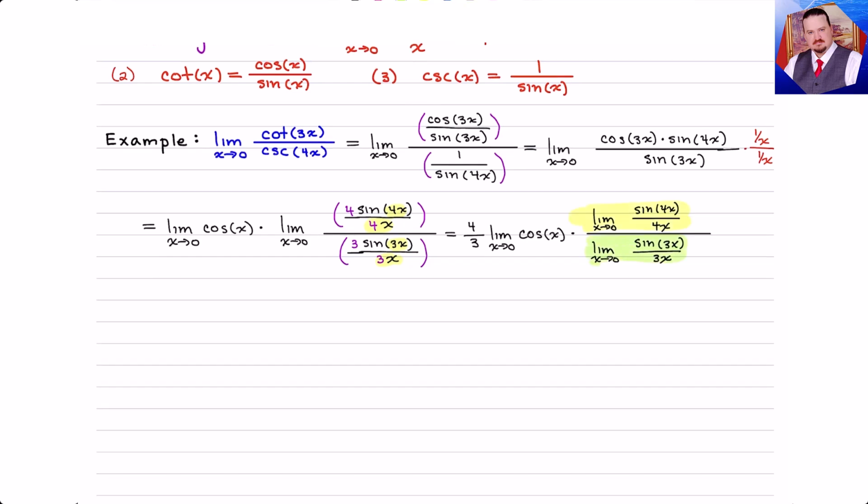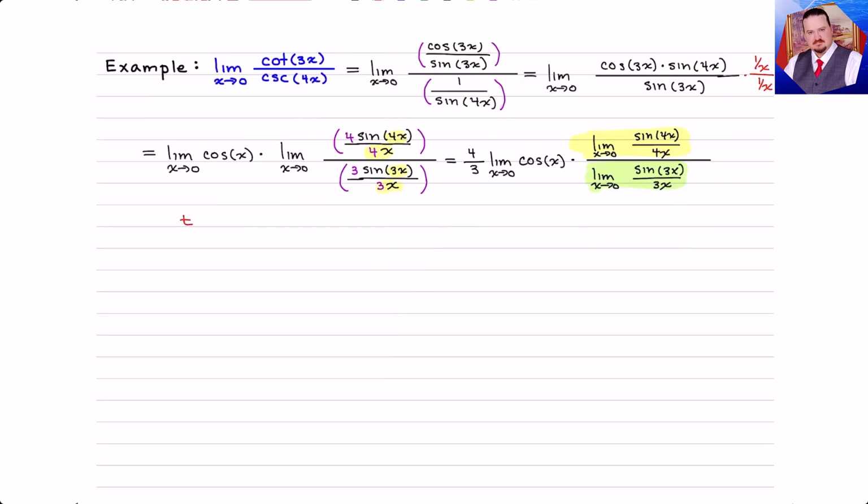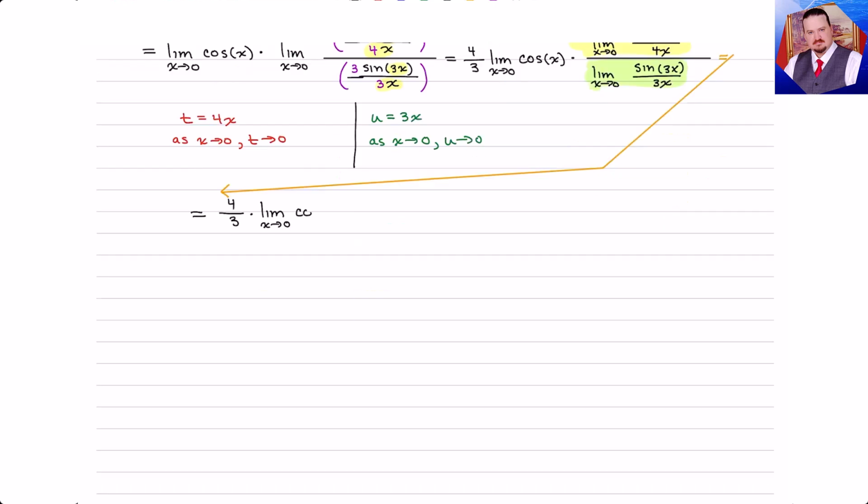You may want to pause the video here. For the numerator, t is going to be 4x. For the denominator, u is 3x. As x goes to 0, t goes to 0. For the denominator, where does u go? 0. So this next step here will be the final moment where I'll evaluate all the limits.